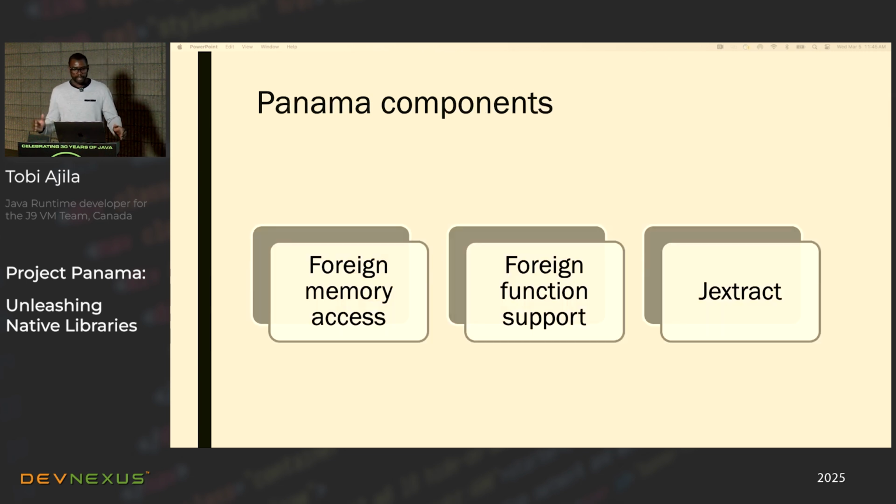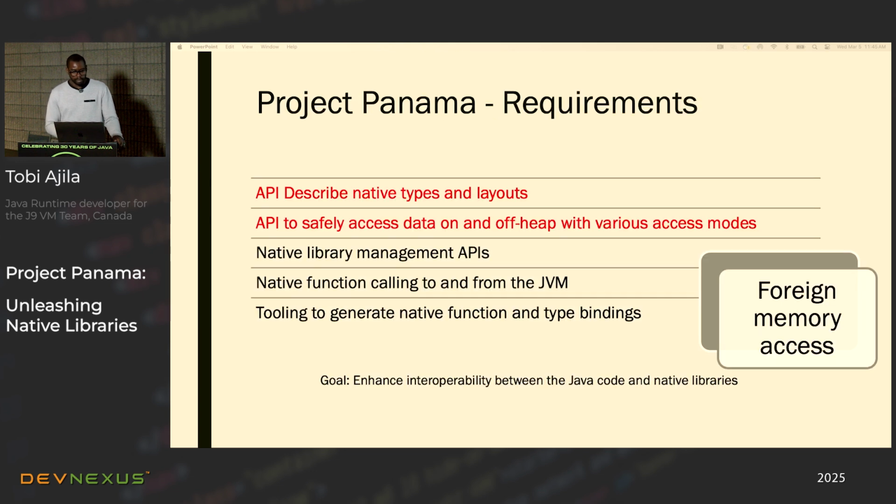So Project Panama is made up of 3 components. The first is foreign memory access, second is foreign function support, and the third is JExtract. And you'll see that these correspond to the 5 requirements that I described. Foreign memory access allows you to describe the types and layouts, and also allows you to safely access those things.